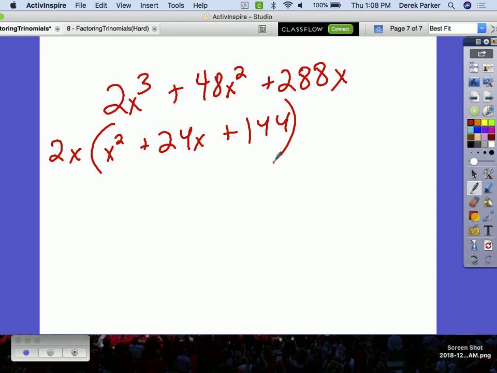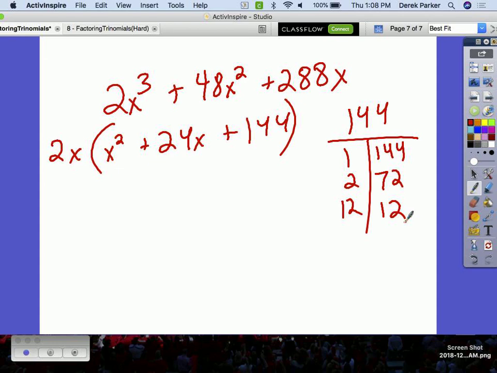Now I can do the method that I've been doing. I list out all the factors of 144. 1 and 144, 2 and 72. And I could keep going, but it's going to end up being 12 and 12. X squared plus 12x plus 12x plus 144.